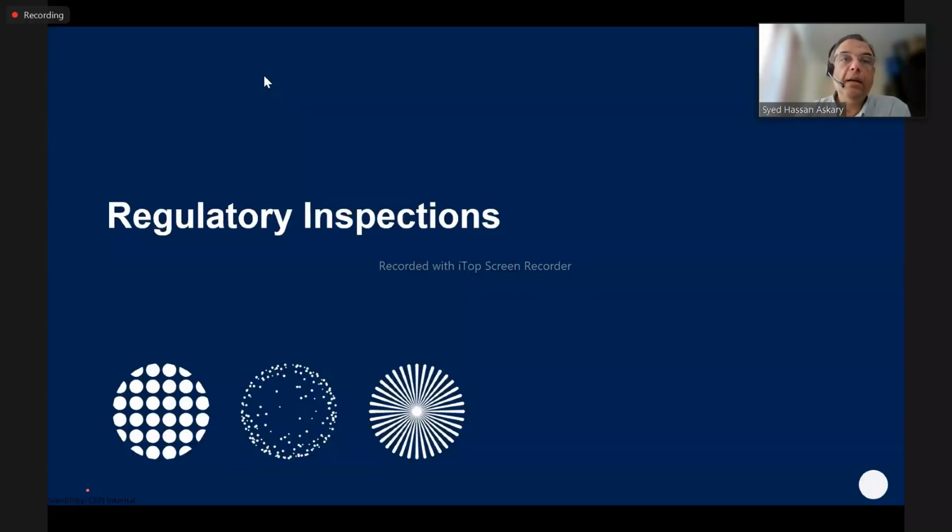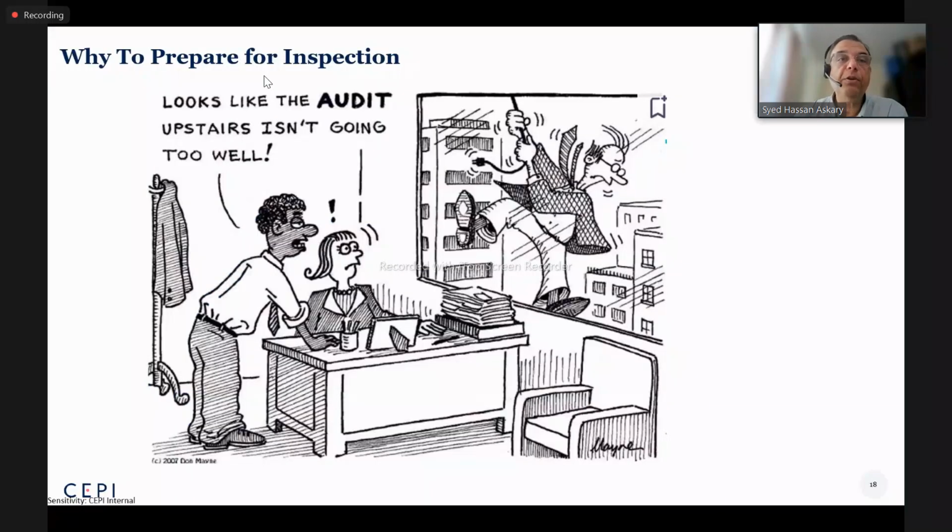Okay, we'll quickly jump into regulatory inspections because we are already almost halfway in terms of time, and I want to cover these slides. Again, why do we want to inspect? Of course, we don't want to reach a situation where we have to jump to the roof to avoid the inspectors, right?